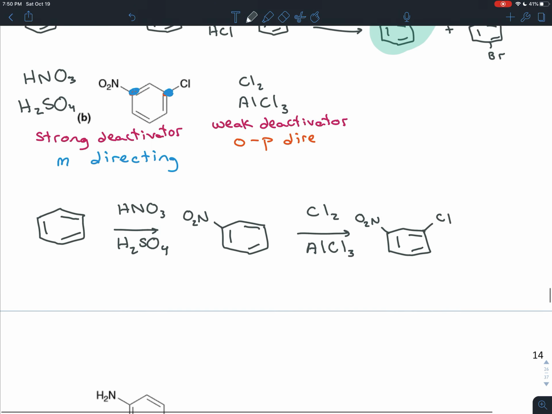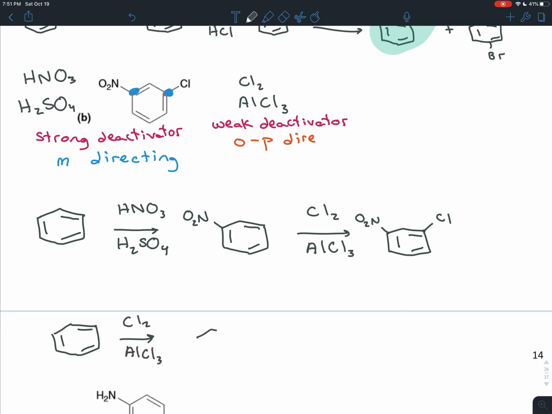Notice that you would not be able to do the reaction in the other way. If you took the benzene and reacted it with the chlorine first, the chlorine is ortho-para directing. So if you try to put the nitro group on after that, you'd get two products.